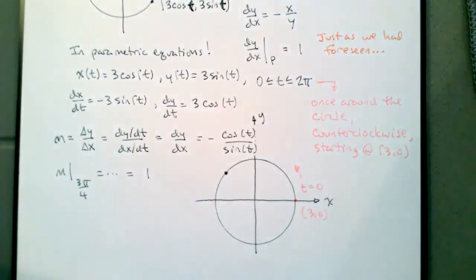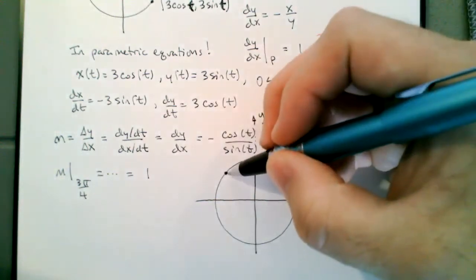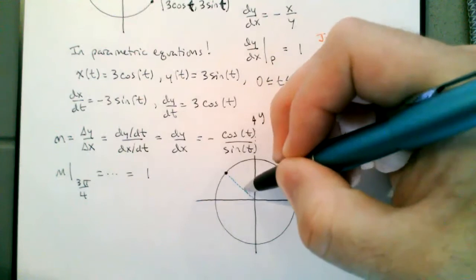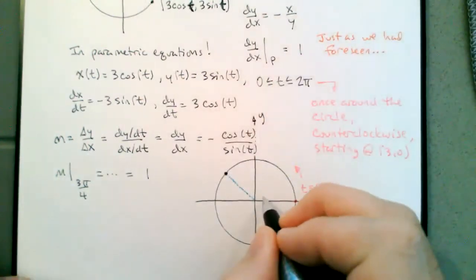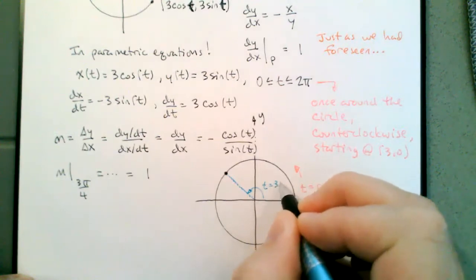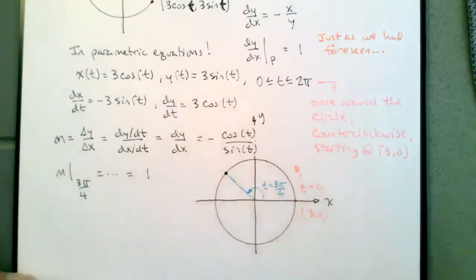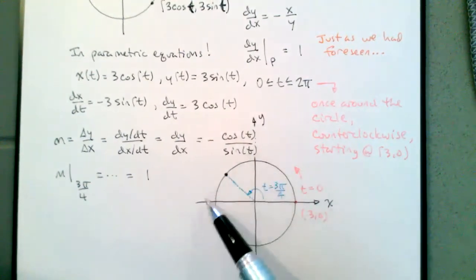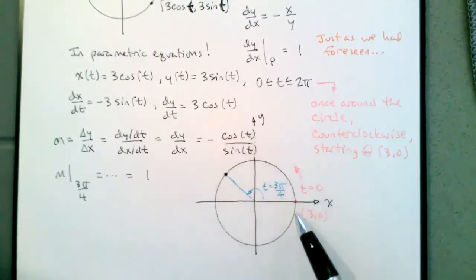So when we get to this point, when t is equal to 3/4 of pi, the tangent line is not just some generic line. We have direction.